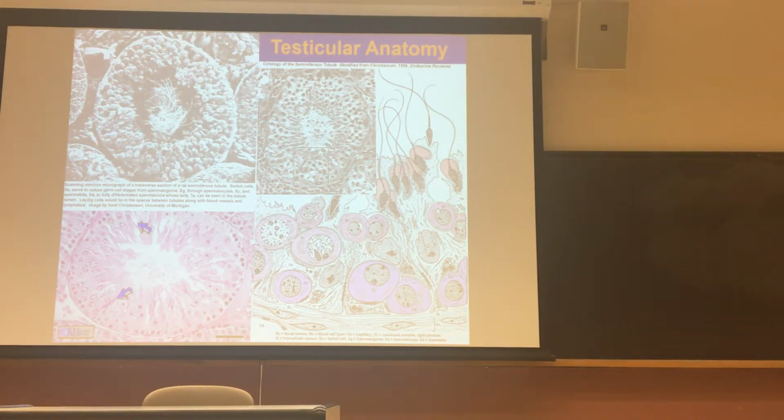The Sertoli cells are these huge tree-like structures that actually have cytoplasm extending down to the basement membrane and all the way up to the lumen. And these various stages of germ cell growth and development are scattered in that cytoplasm.